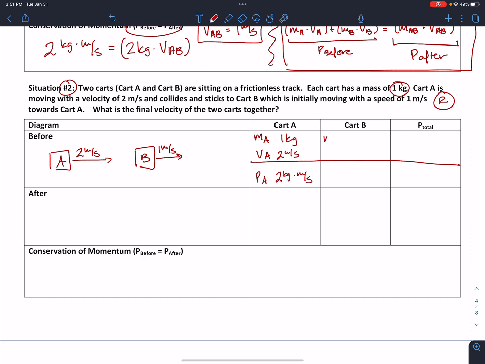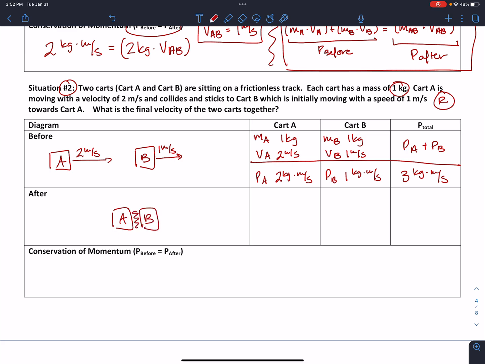For cart B, we've got a mass of 1 kilogram and a velocity of 1 meter per second, which is going to give us a momentum for B of 1 kilogram times meters per second. Our total momentum is A plus B, and so we end up with 3 kilograms times meters per second.